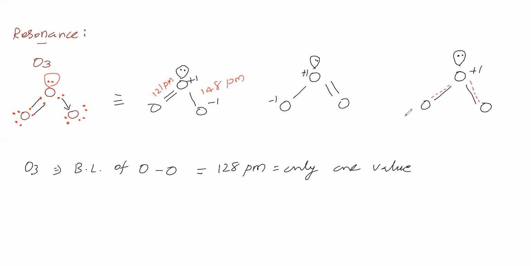We will distribute equally. So here -1/2, here -1/2. We have distributed -1 equally to the left side as well as the right side oxygens. Then each oxygen will get -1/2. Left side oxygen gets -1/2. Right side oxygen gets -1/2. Like this we have written.